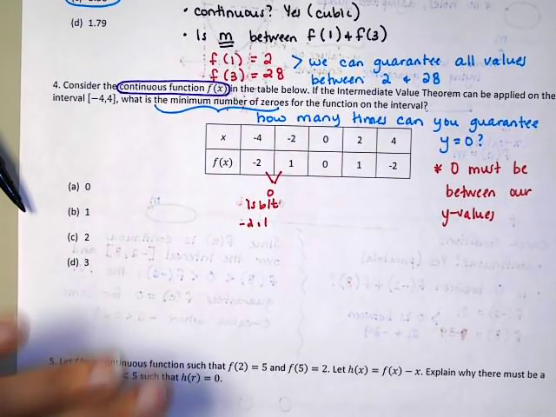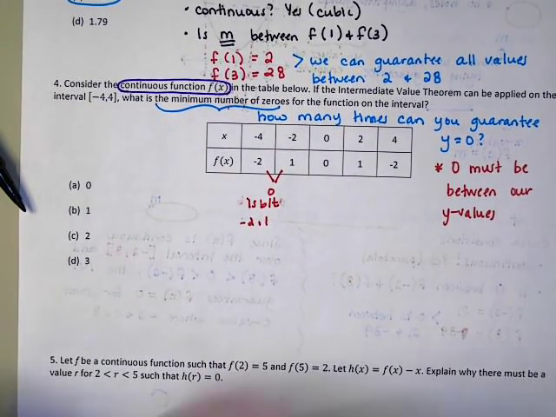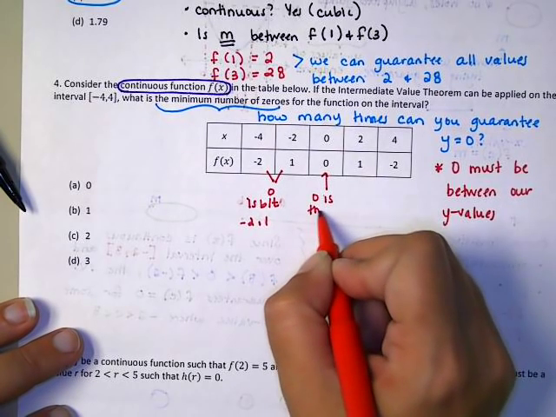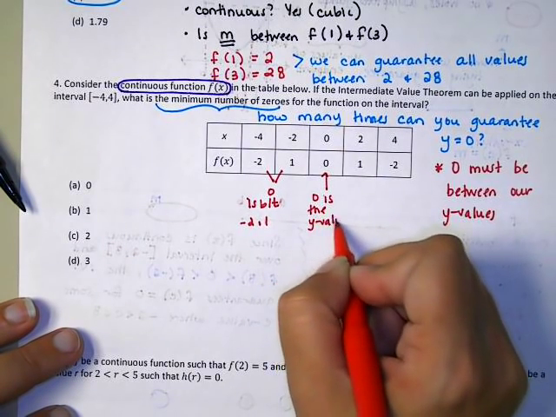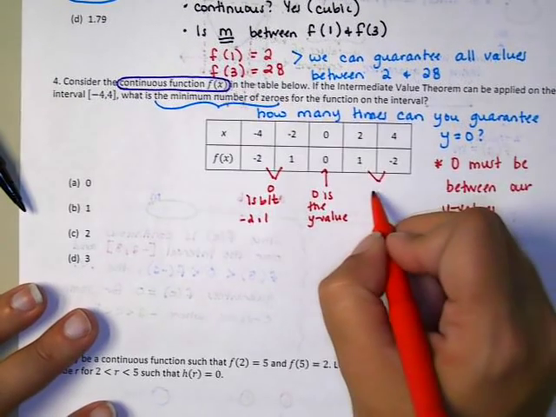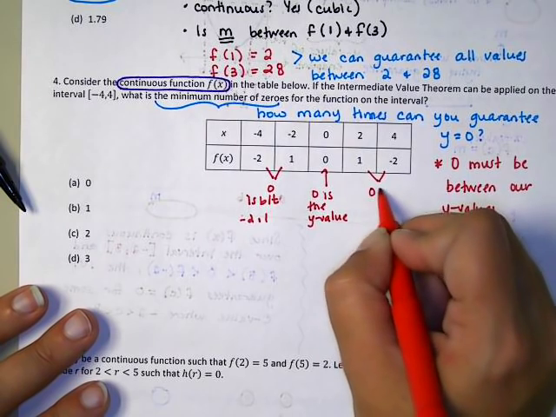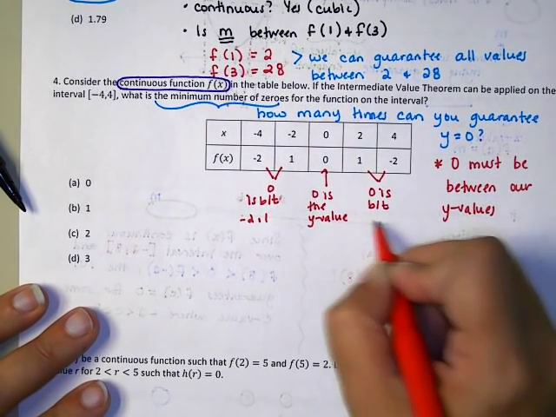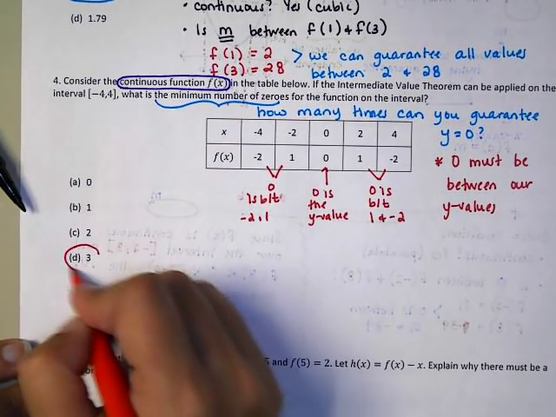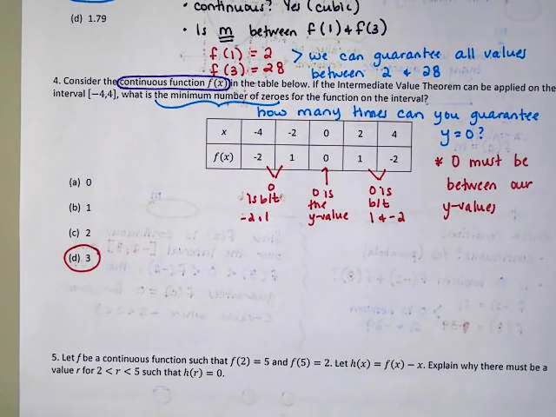So that's one time I have to equal 0. 0 is what I get here. And the only other time that 0 is between my y values is between 1 and -2. So that makes 3 total times that I can guarantee my y value must be 0.